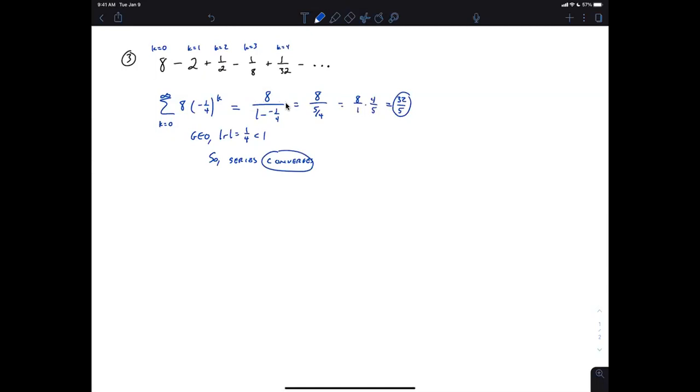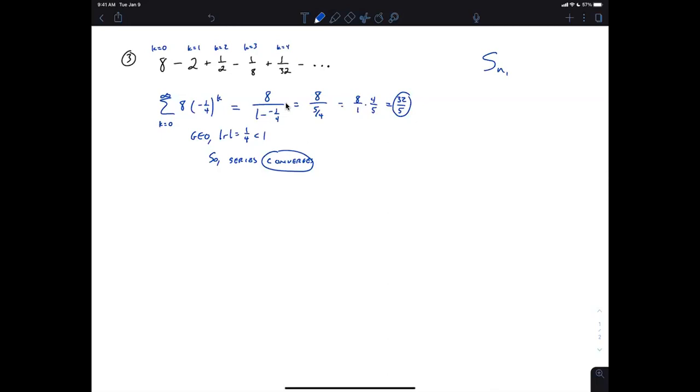Everybody good? I have one. Sure, what's your question? If I will find the S_N... S_N, S_1? What do you mean? Like I will do S_0 plus S_1, right?